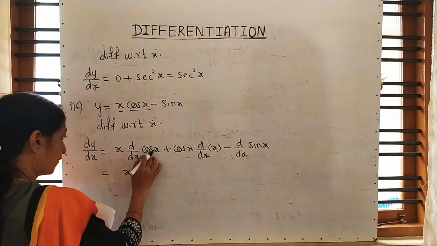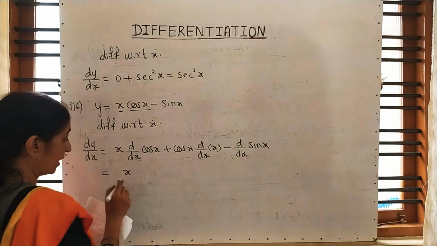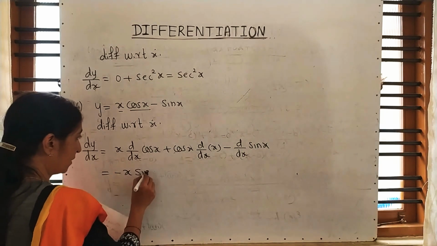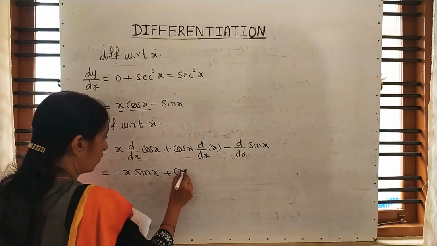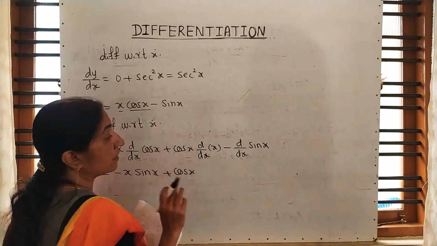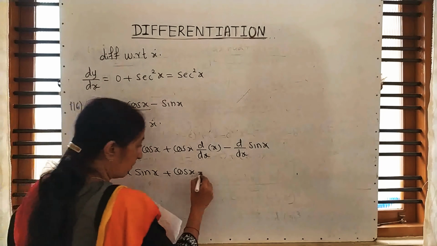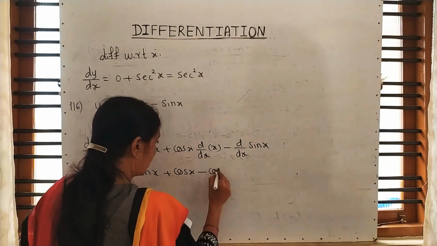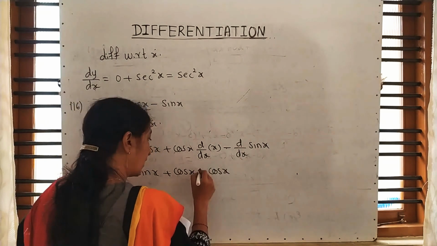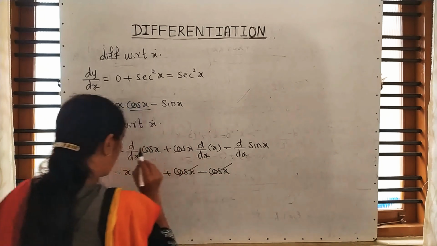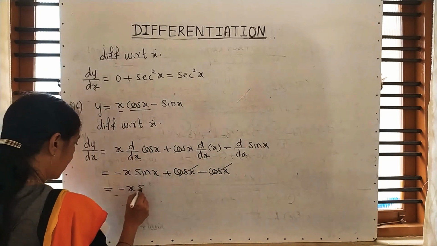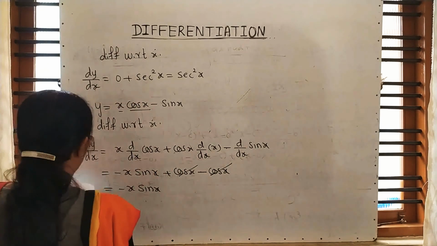X as it is, differentiation of cos x is minus sin x. Directly I am writing like this, minus sin x plus cos x as it is, differentiation of x with respect to x is 1, minus differentiation of sin x is cos x. Because of this minus I wrote minus cos x, plus cos x gets cancelled, minus x into sin x.